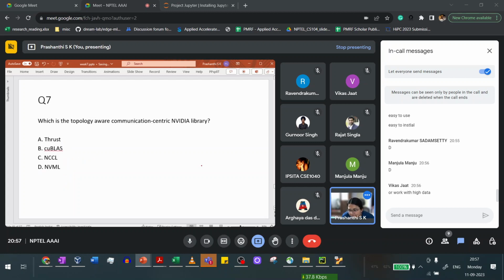Okay, let's move to the next question. Which is the topology aware communication centric NVIDIA library? You have 4 options. Okay, C, NCCL.